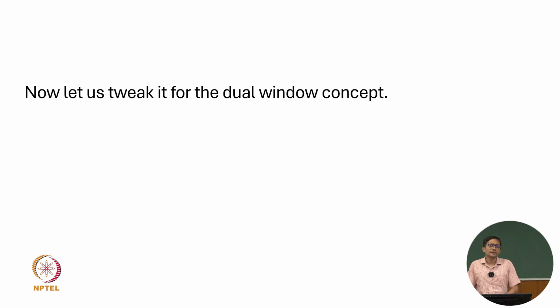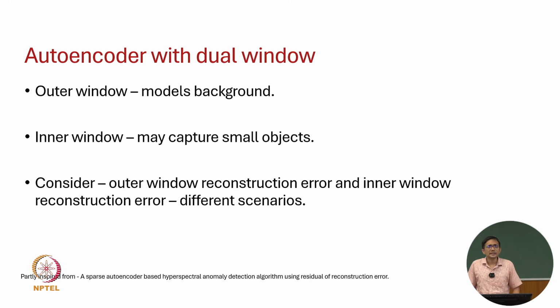And now let us tweak autoencoder for the dual window concept. So in the dual window concept, recall what we are doing. We had outer window, we had inner window, right? So the same thing we can do using autoencoder.